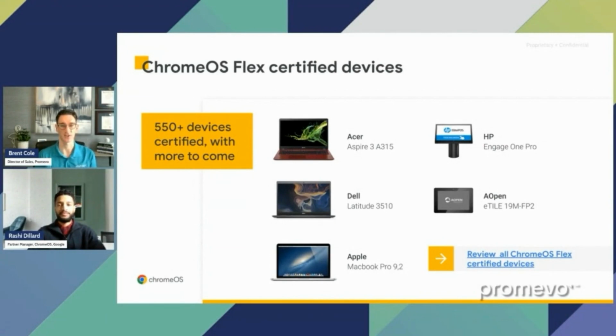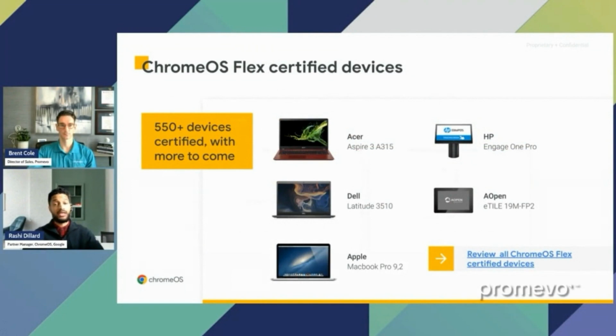I appreciate that, Rashi. And I think the number one thing I've heard there is flexibility. So from a client perspective, I would recommend you reach out to Promevo. We can troubleshoot behind the scenes, determine if we are able to support your device from a ChromeOS Flex perspective, and allow us to do the work on the back end to determine if your device is supported and the best path forward, assuming it is. As I was talking about earlier, there's over 550 plus devices that are certified for ChromeOS Flex.